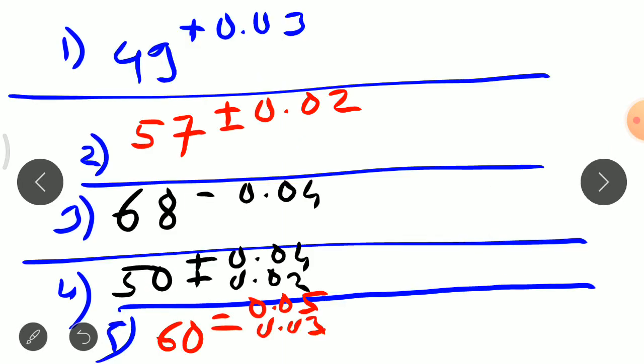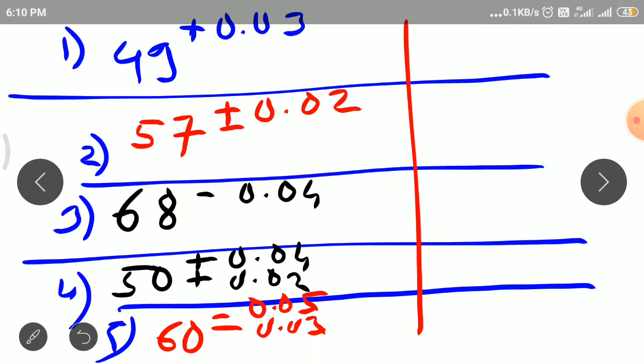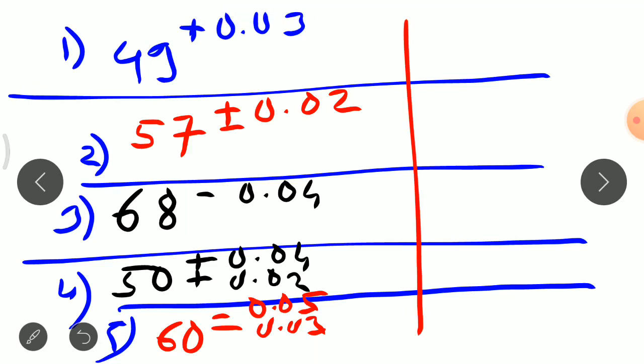Now we have some problems for assignment purposes. You have to find out the higher limit and lower limit and identify whether it is unilateral or bilateral tolerance, and you have to comment in the comment box.